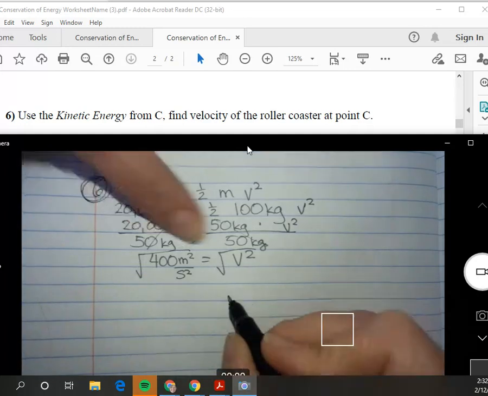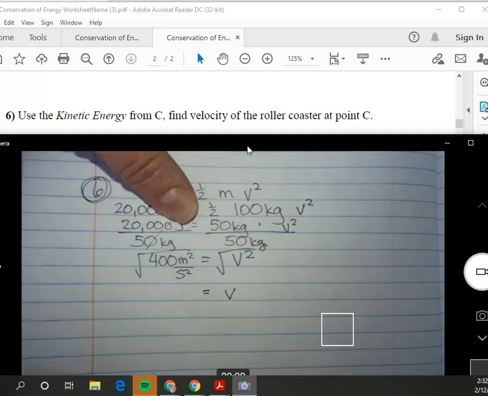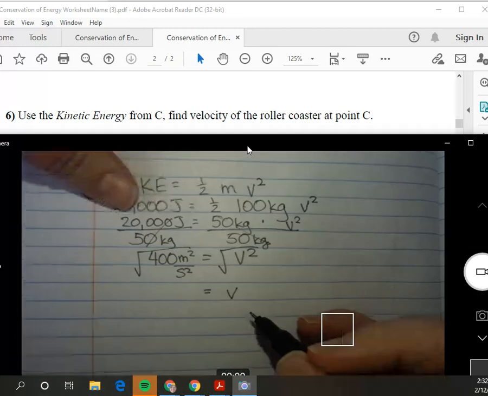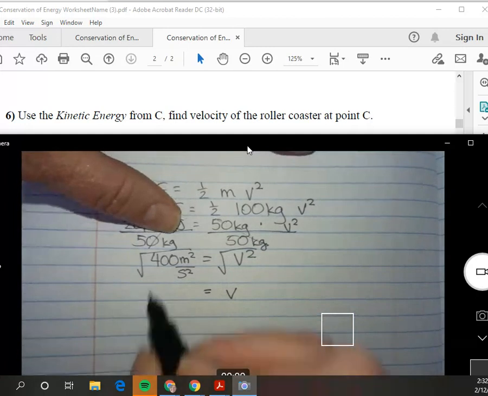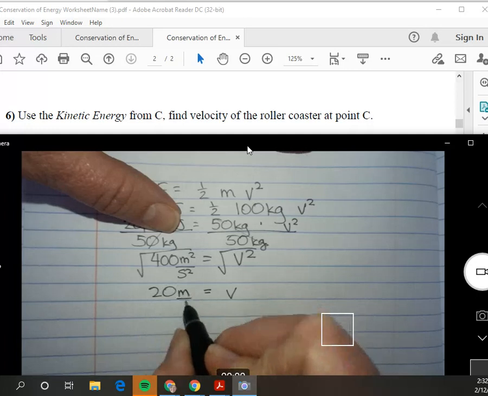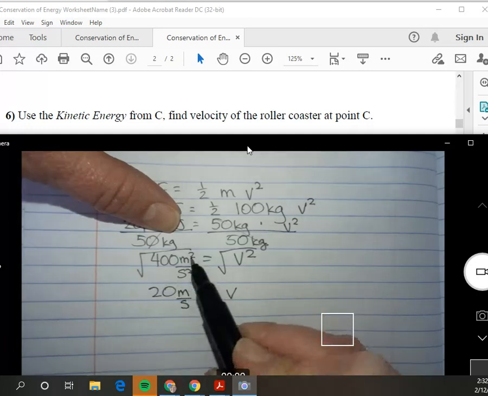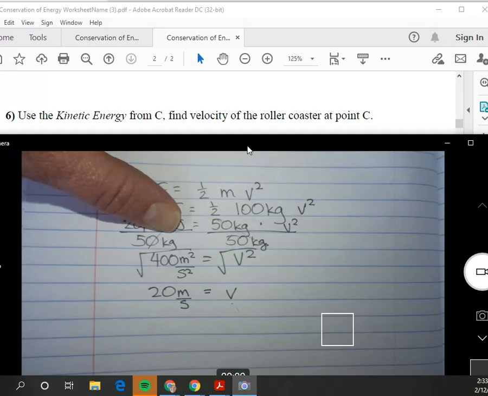So if I take the square root, I have v equals, and I did this one earlier, so it's not that I can do that in my head. I already put it in a calculator. The square root of 400 is 20 meters per second. So when we have them squared here, they turn into meters per second, which is a unit of velocity. 20 meters per second.